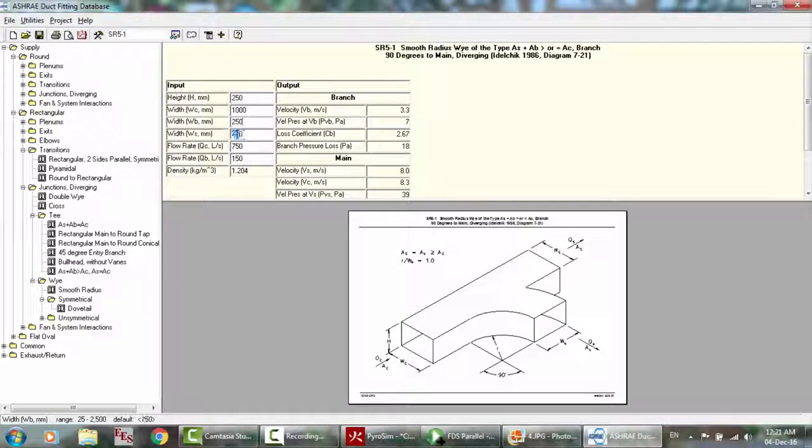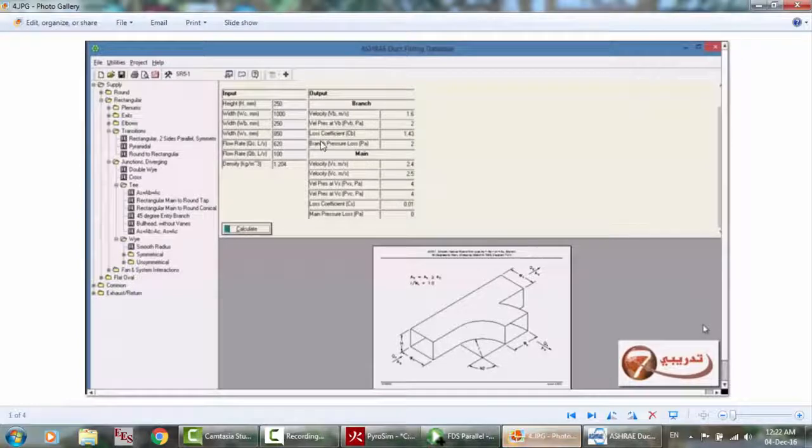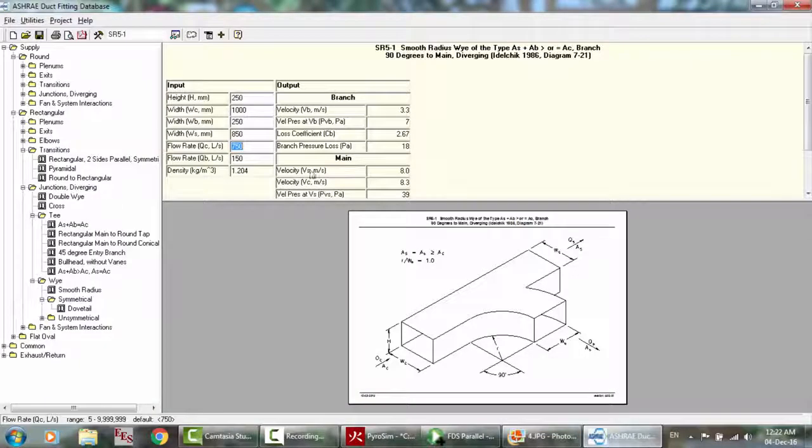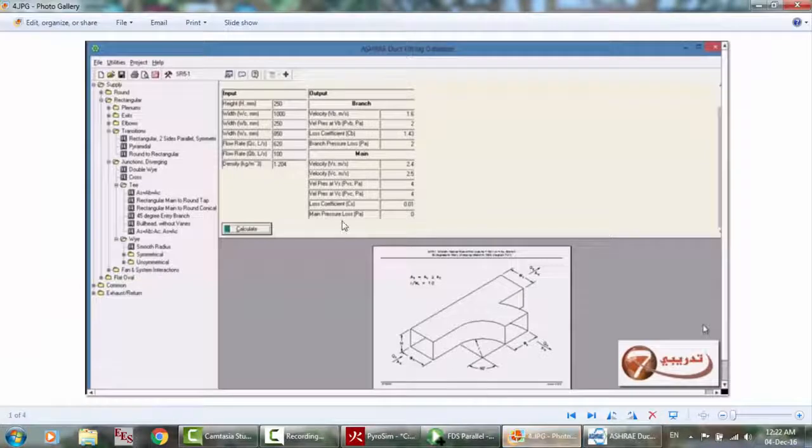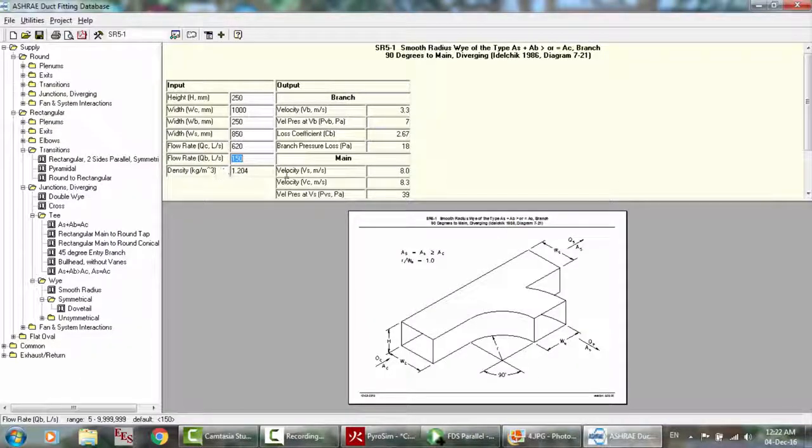Okay, and here the flow rate QC, this is the total flow rate, 620 as our example, and here the flow rate QB at the branch, here 100, and there's the density.